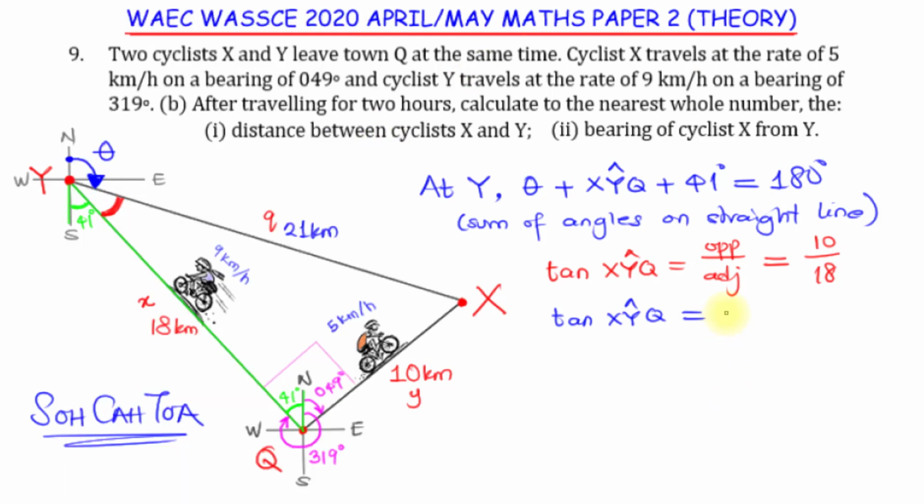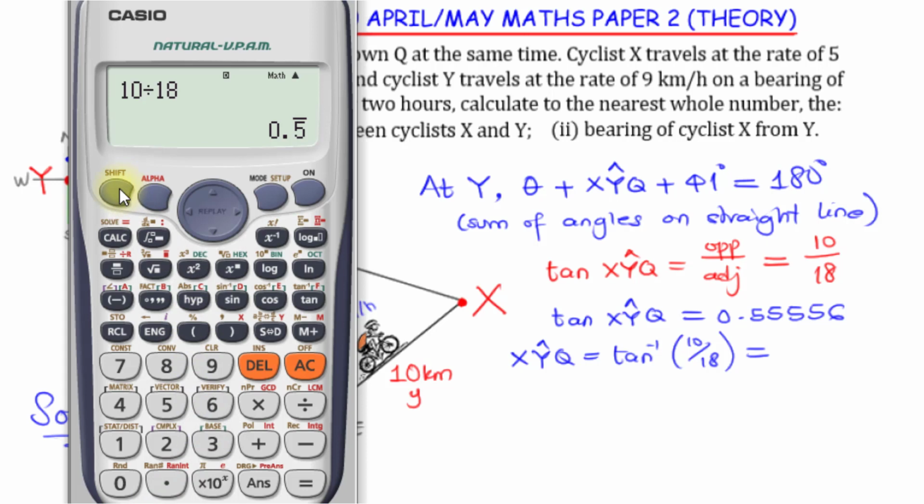So I can say it is 0.5555, then 6, since I will approximate that, such that angle XYQ is equal to arctan, I could even have said arctan 10 over 18 straight. So arctan 10 over 18, what's that? I can say arctan of the answer I just got, that's 29.054, or I could have said directly it is arctan 10 over 18. So what's this?